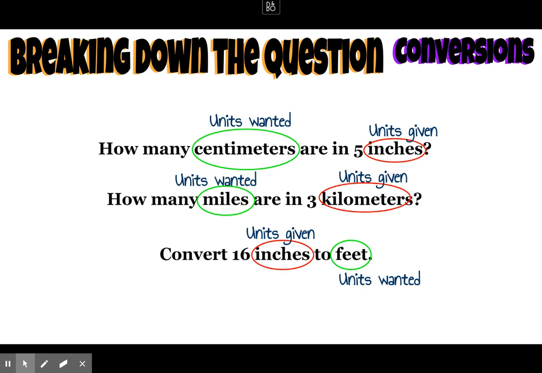Now the second one here, how many miles are in 3 kilometers? We want our end answer to be in miles, and we were given kilometers. Third scenario, convert 16 inches to feet. We were given the inches, and we want to get to feet.